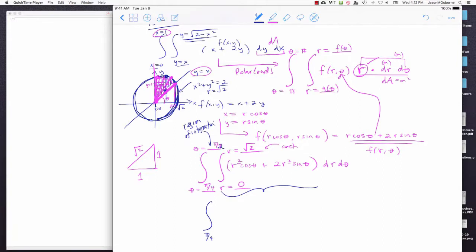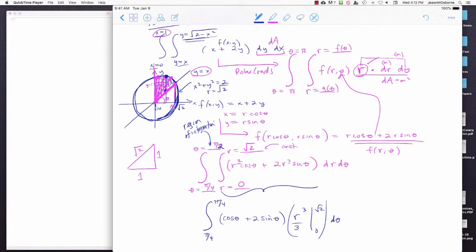And for the radius, since you factor out the r squared, you leave behind a cosine of theta plus 2 sine of theta. Then we integrate with respect to r, and you get r cubed over 3. That r will be evaluated from 0 to the square root of 2, and you'll have a d theta integral left.